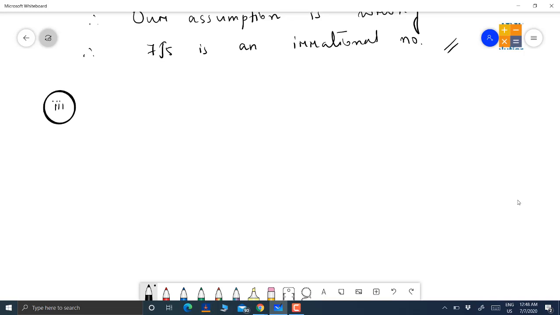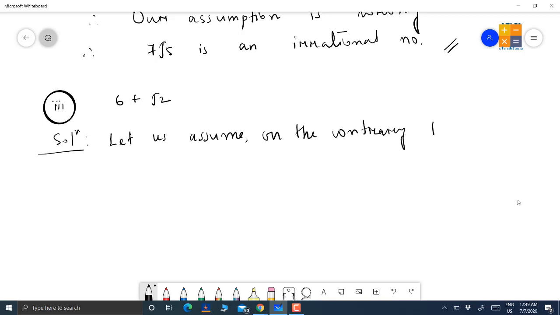Here the number given is 6 plus √2. This question is something similar to question number 2 only. So coming to the solution part, same way of writing. Let us assume, on the contrary, that 6 plus √2 is a rational number.